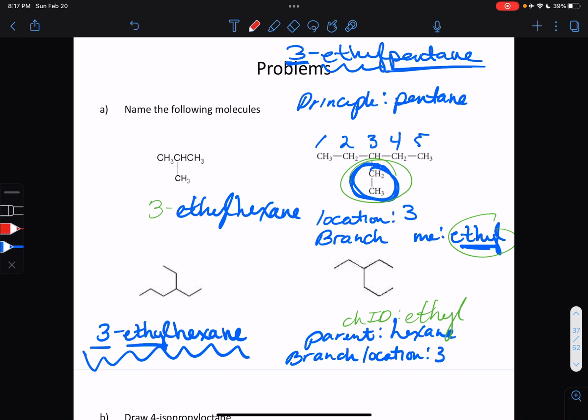Well, the thing about this is these bonds, all of the bonds between all of the carbons and between the carbons and the hydrogens too, they all have free rotation, which means that this bond can rotate around like this, and that would bring this part of it over here.